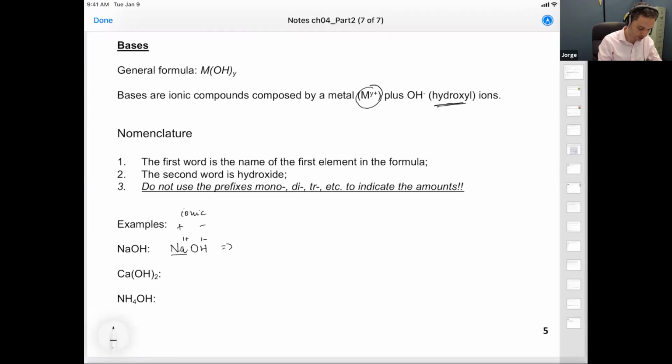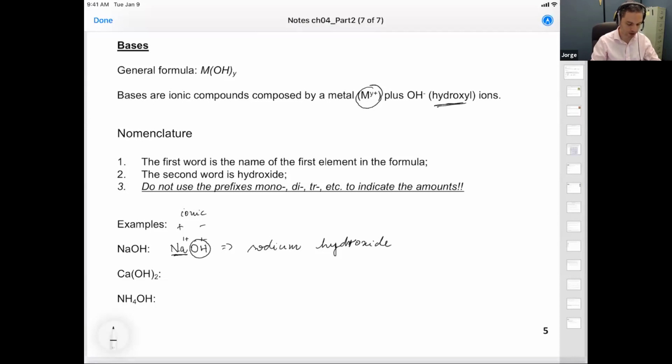First, look at the first element in the formula, and that's going to be sodium. Because it's bonded to OH minus, it's a base, and to indicate that, we use the word hydroxide.